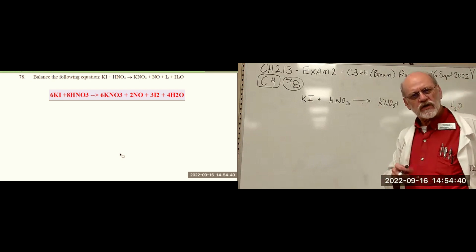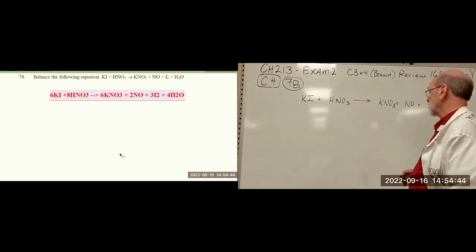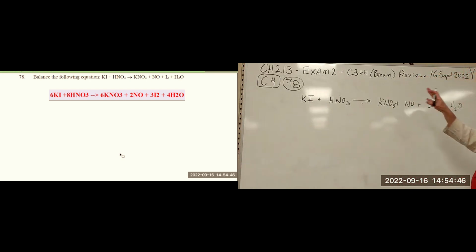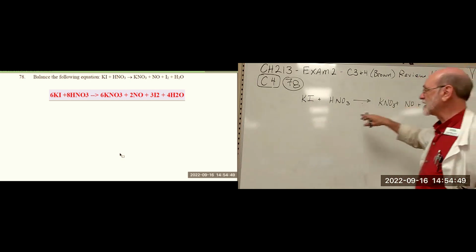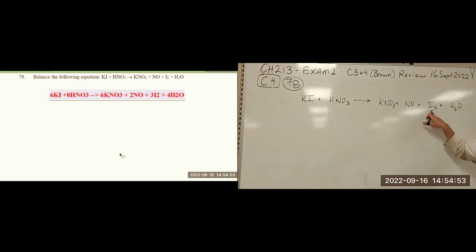So how do we know to use the redox method? Well, you look at what you've got here and you see that iodine's in a compound and here it's an element. So we know it's a redox. Now, there's a chance you could bulldog your way through it and balance it without redox.